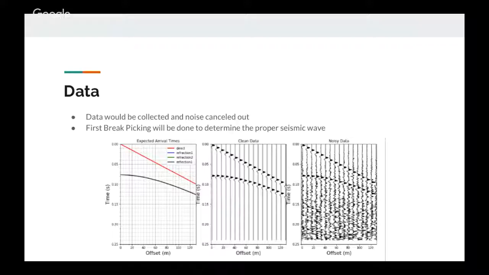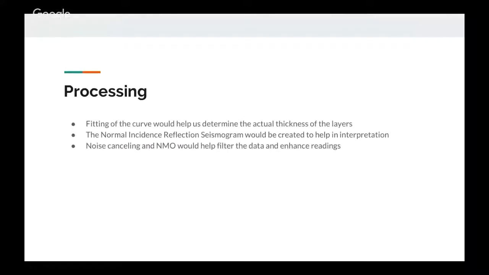So we're going to use a reflection survey, and an improvement on the app would be extending the offset so that we can find the points where the reflection and the direct wave meet. Then processing is normal: canceling out the noise, NMO corrections, enhancing the data.